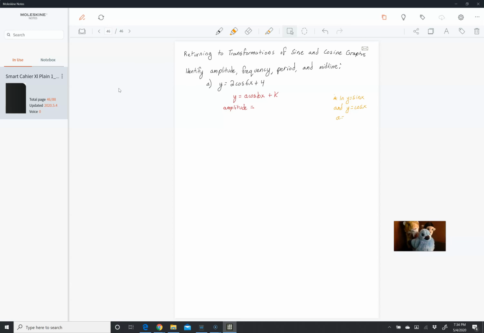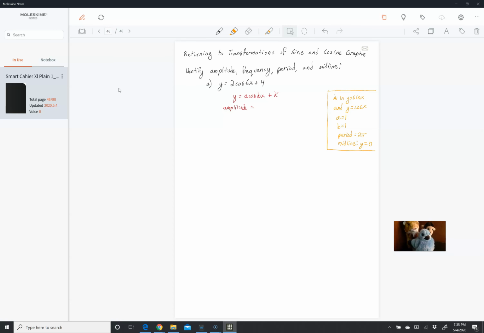Our amplitude is 1, our frequency is 1, our period is 2 pi over 1, which is 2 pi, and our midline is a horizontal line at y equals 0. This is just general information. This is what we're transforming.